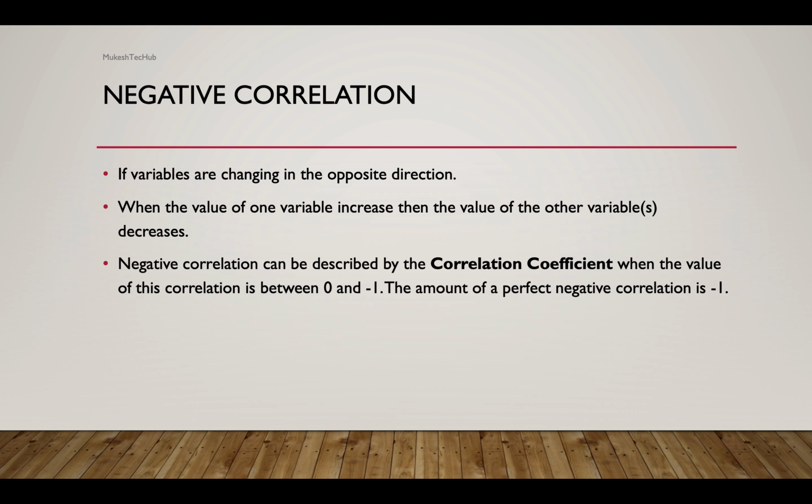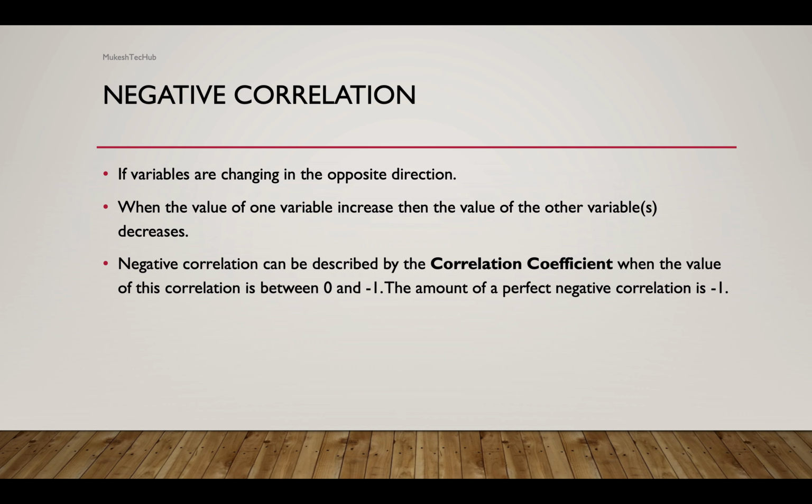Negative correlation can be described by the correlation coefficient. This is an important term. What is the correlation coefficient? The correlation coefficient expresses the strength of the association between variables. If I am talking about two variables, it tells how those two variables are associated, whether there is strength or not.